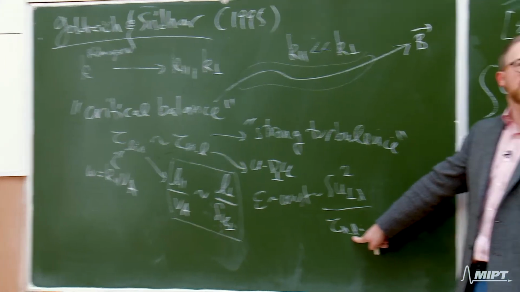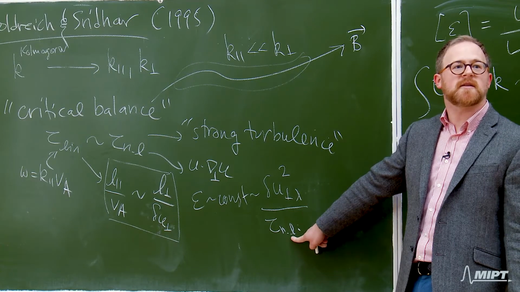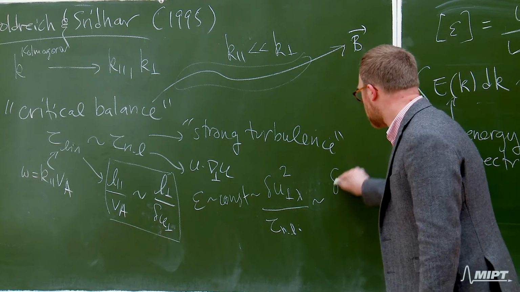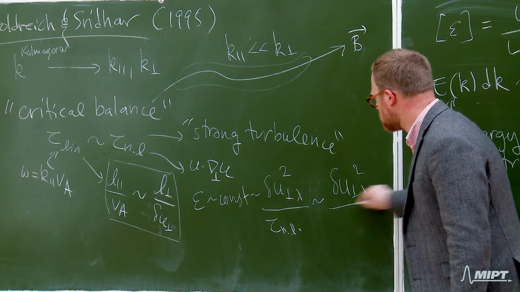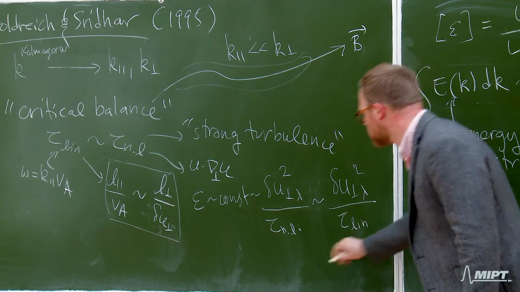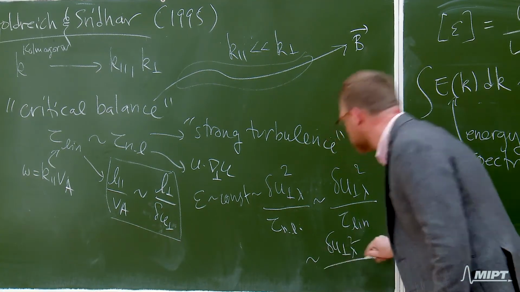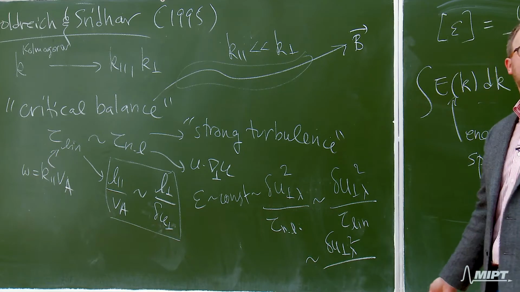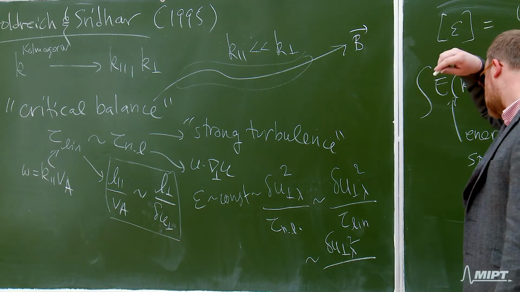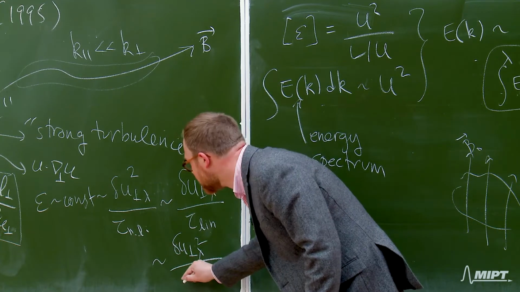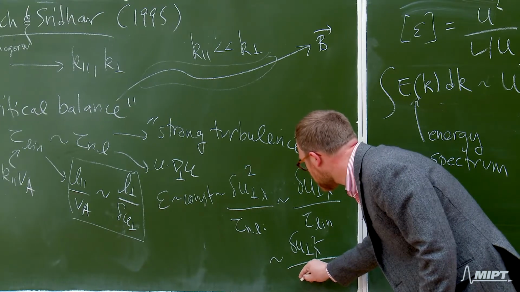And now we know what the nonlinear time is because of critical balance. It's just the linear time. And the linear timescale is just that of an Alfvén wave. Well, it's also the nonlinear timescale. So this is L perp.